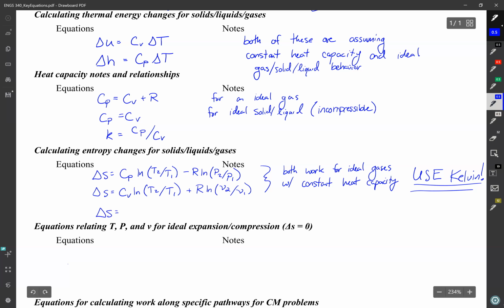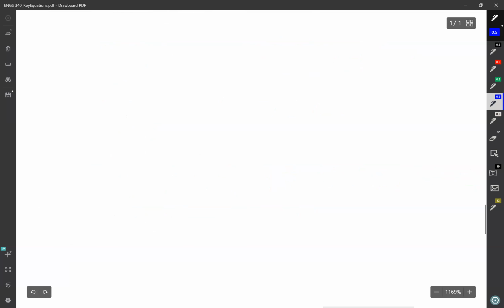That is delta S equals Cv times the natural log of T2 over T1. So this is for ideal solid and liquid. Again, ideal meaning incompressible. Also for that, we're going to be using Kelvin.